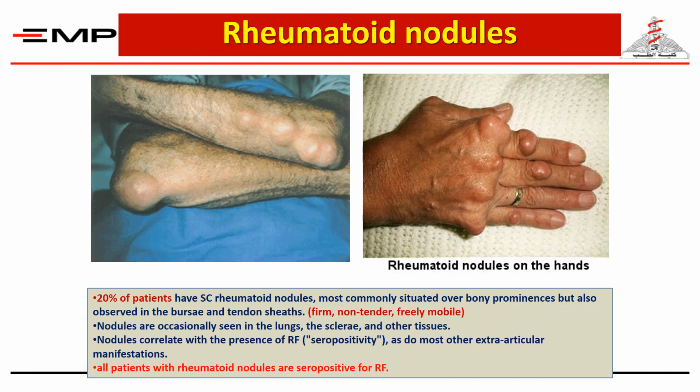Nodules are occasionally seen in the lung, sclera, or other tissues. Nodules correlate with the presence of rheumatoid factor, as do most of the other extra-articular manifestations. Remember that all patients with rheumatoid nodules are seropositive, and the disease in these patients is also aggressive.